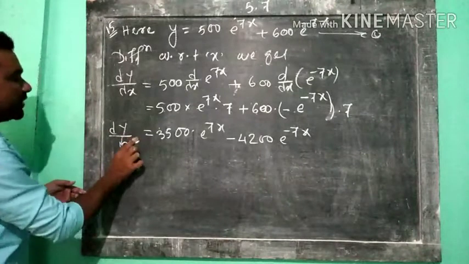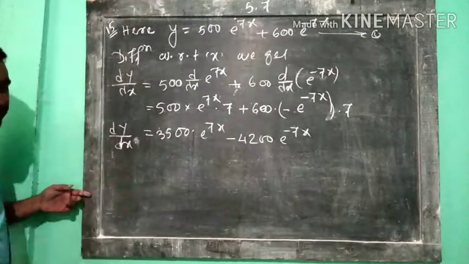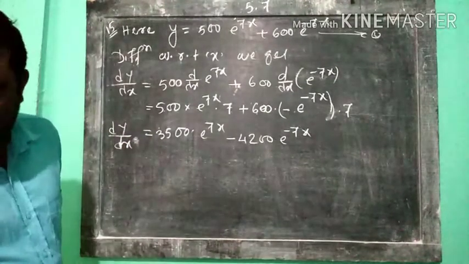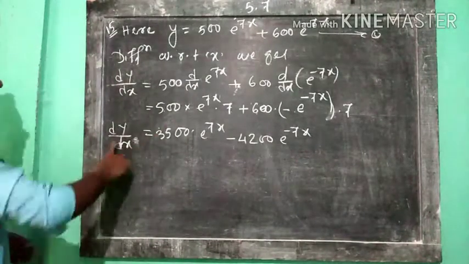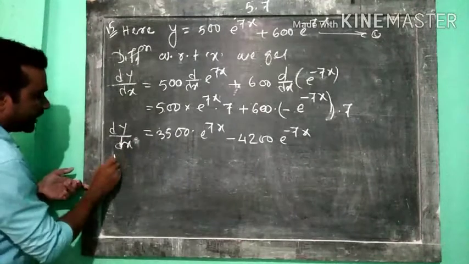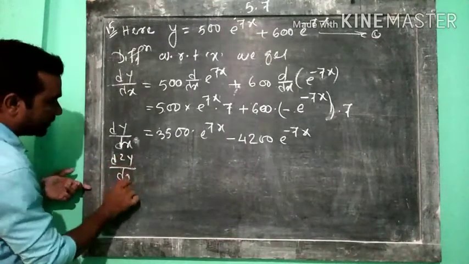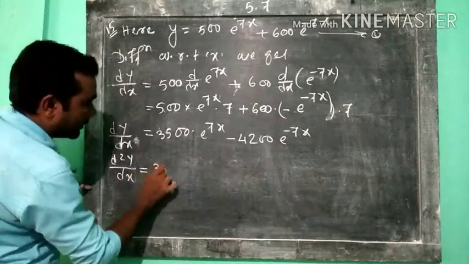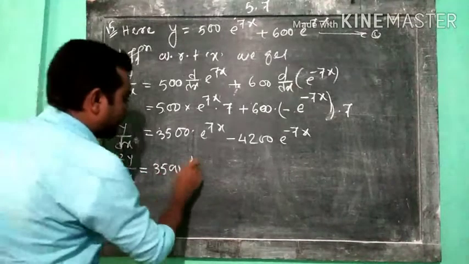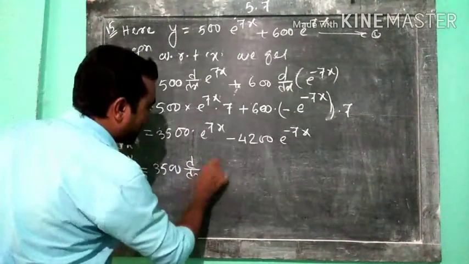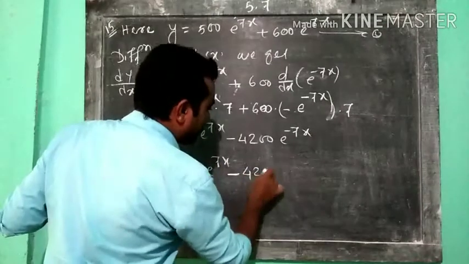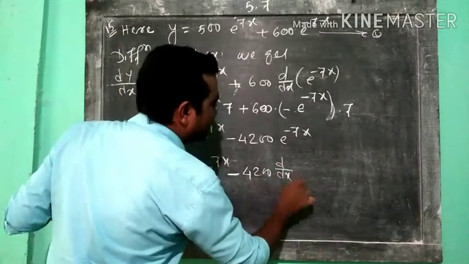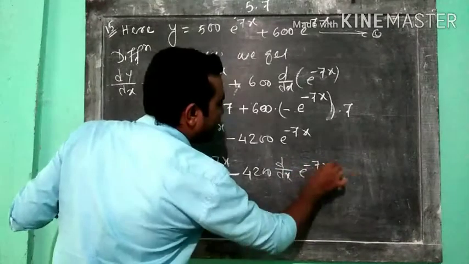Again differentiating with respect to x, then d2y/dx2 is equal to 3500 d/dx of e to the power 7x minus 4200 d/dx of e to the power minus 7x.